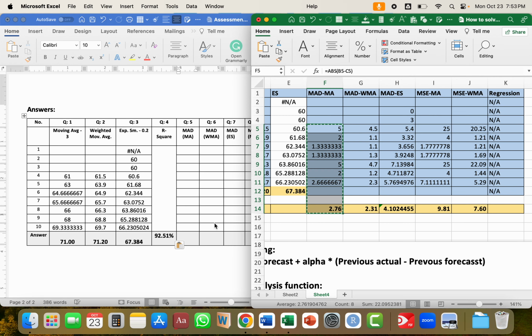I just need to make sure that there is unequal spacing. Here is an extra row. There is no extra row, so I need to copy paste them separately.